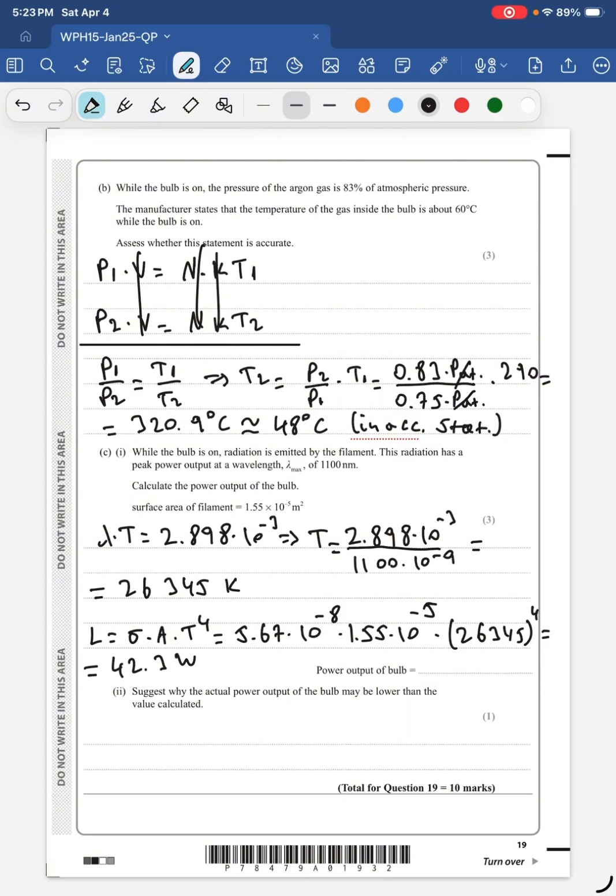I mean, if you guys ever went to a supermarket and bought one of those old filament light bulbs, they are usually 50 watts, maybe 100 watts, something like that.